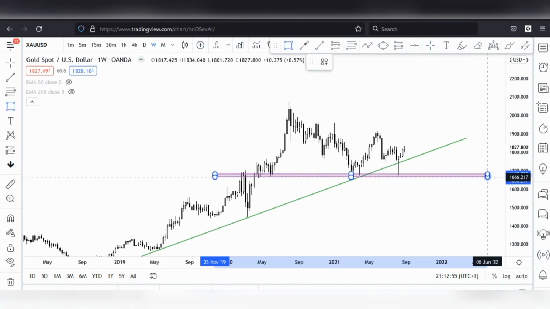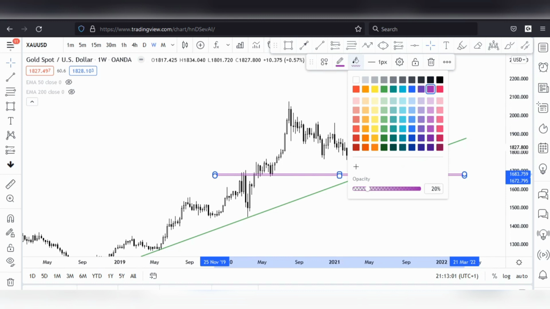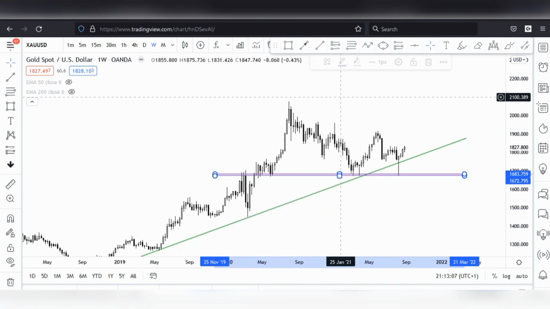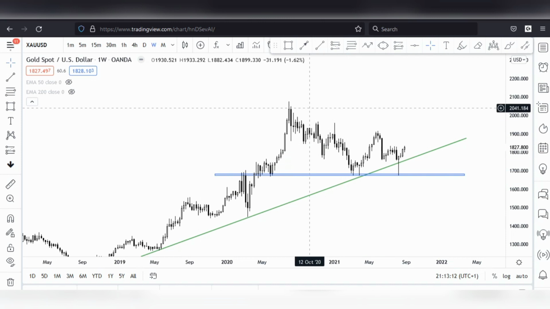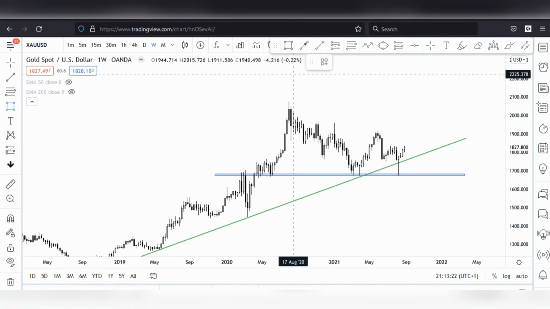So first area we identify is our area of support over here, represented by the blue color. And then we can also identify our area of resistance as well. So there are several areas that we can identify from here, so we'll just go through them one after the other.